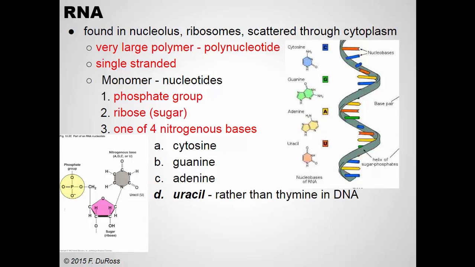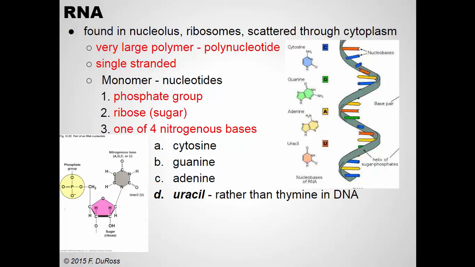In RNA, the bases are cytosine, guanine, adenine, but they don't actually have thymine. They have a substitute. RNA has a base called uracil instead of thymine. It also has a different sugar.